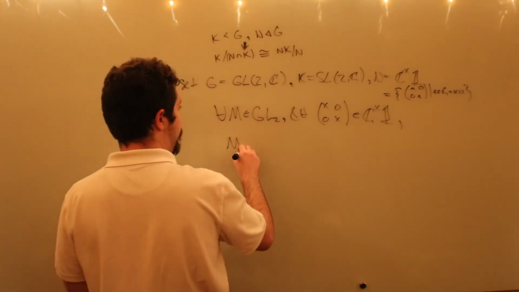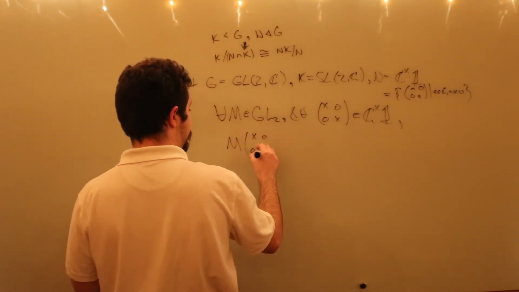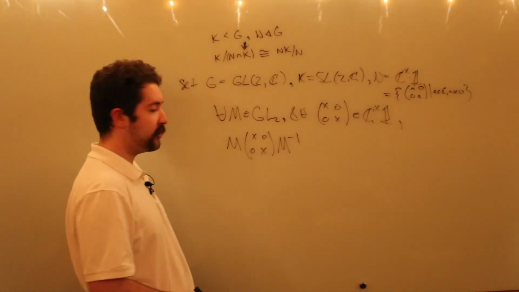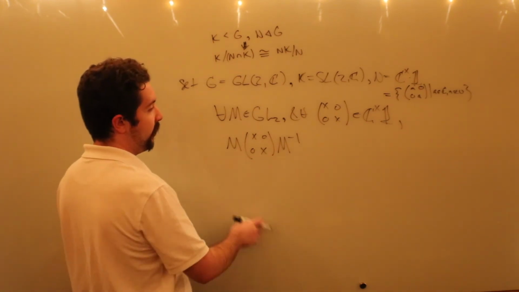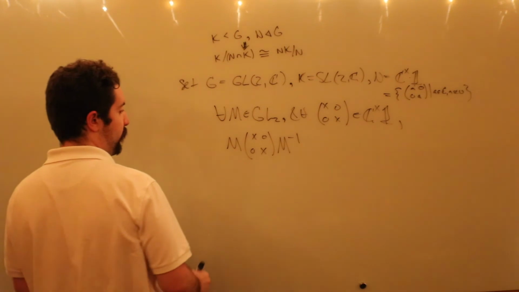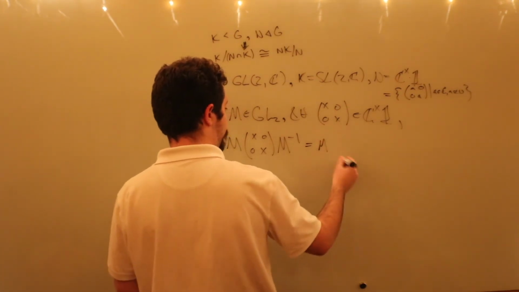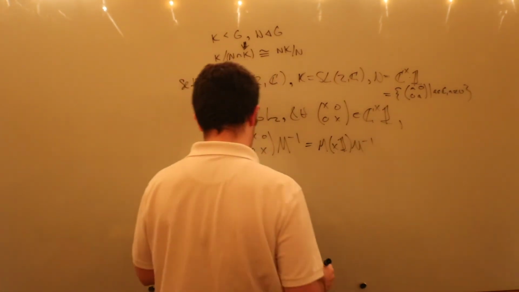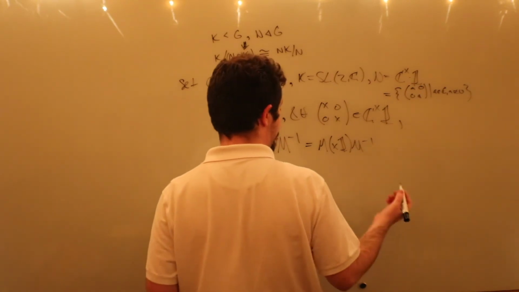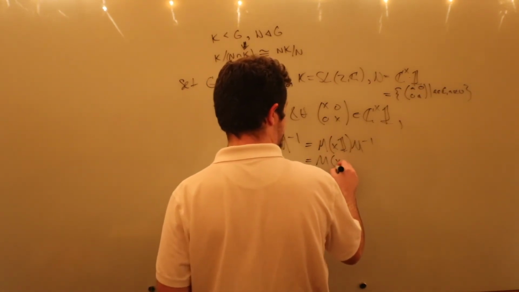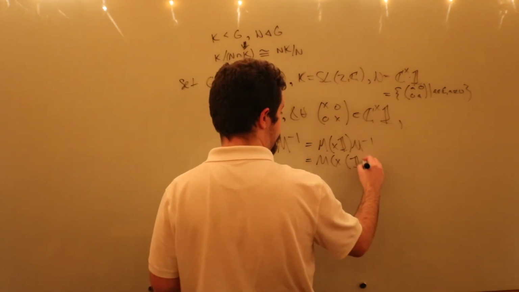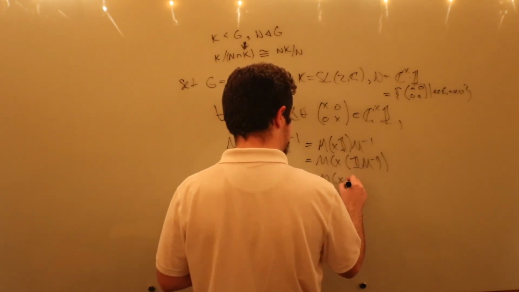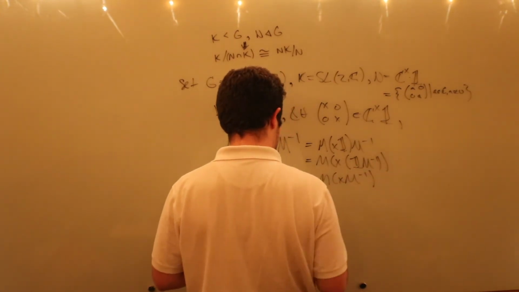So we're going to have M times (x, 0; 0, x) times M inverse, right? So the question we have to ask is, is this product in this subgroup? All right, so this is equal to M times x times the identity matrix times M inverse, right? And we can instead write this as M times x times identity times M inverse, which is just going to be equal to x times M times M inverse, which is the identity matrix.